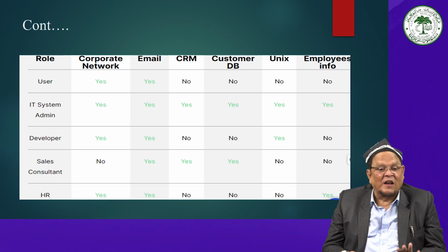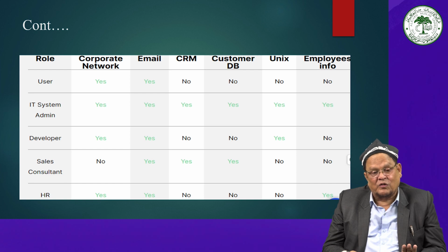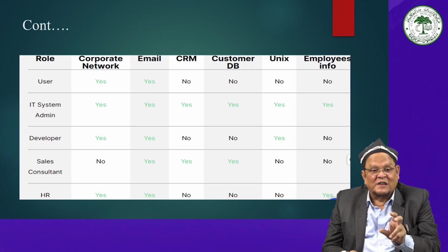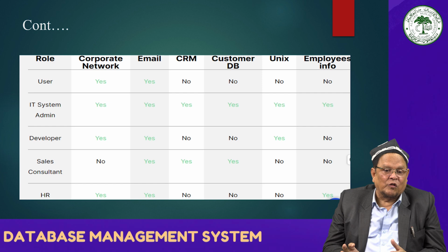So the next is the sales consultant. Also the same way, sales consultant cannot see the corporate network. He is not able to read it. Only sales consultant can read the email, CRM, and customer database. No for Unix, no for employee information.